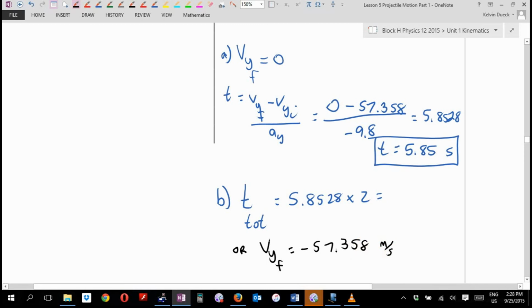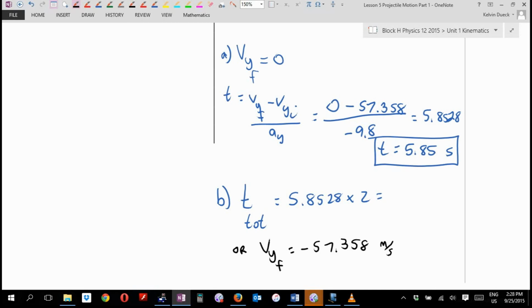You could also use that, and I think if you know that, Kevin, you can walk to this equation here, VF equals VI plus AT, so T equals VF minus VI over A, and you'll get total time of flight in one fell swoop. And I would do that because I'm lazy. I would do that if they hadn't asked me part A. I would do it this way because why would I want to do extra work?